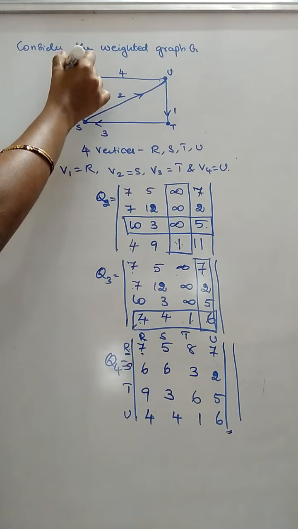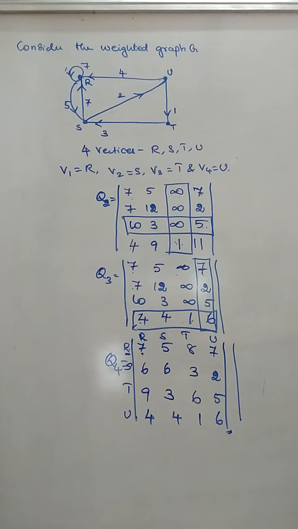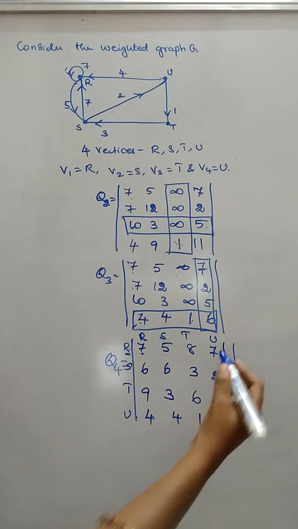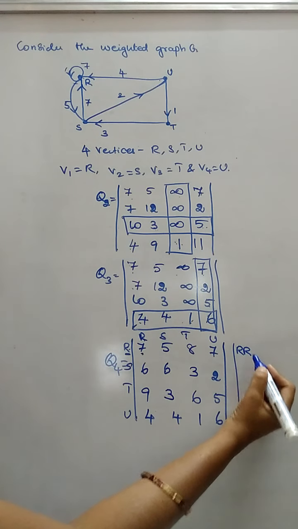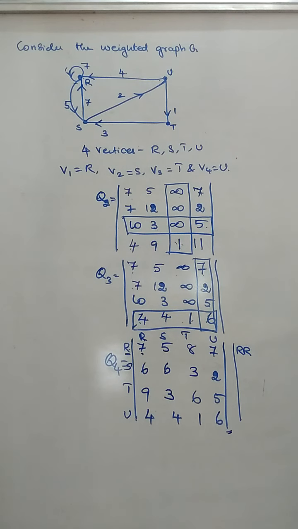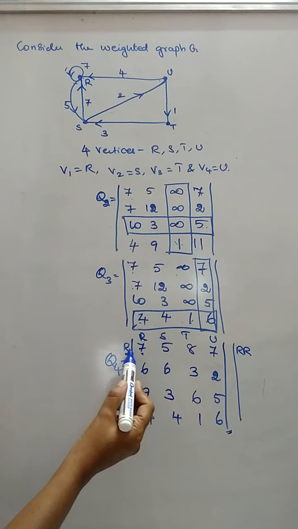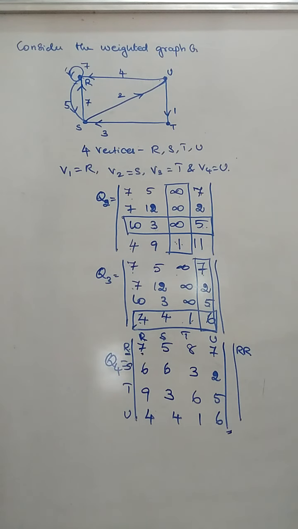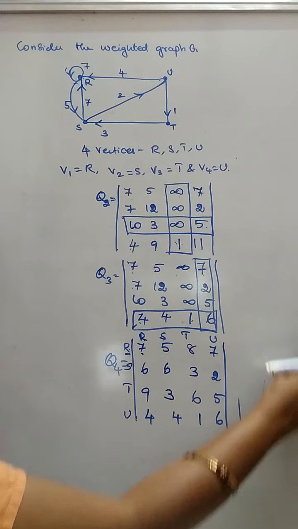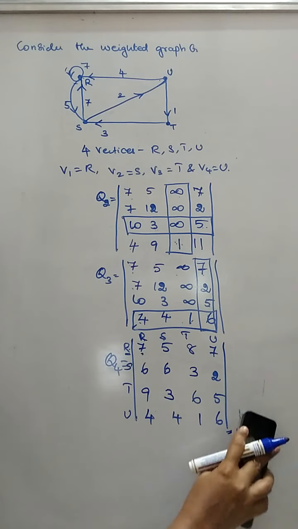So you are having the edge which is connecting the vertex R to R. So here you can write R to R. Okay, and then you can write R is connected to S.